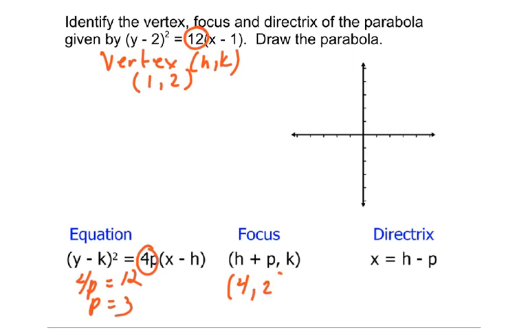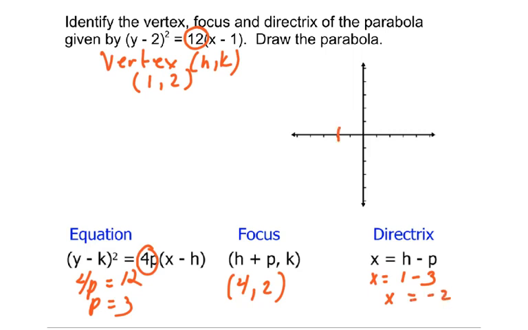And then our k value is still 2. And then our directrix line is going to be h minus p, so that it's on the other side of the vertex. So our h value is 1, p value is, what did we get? 3 for our p value.